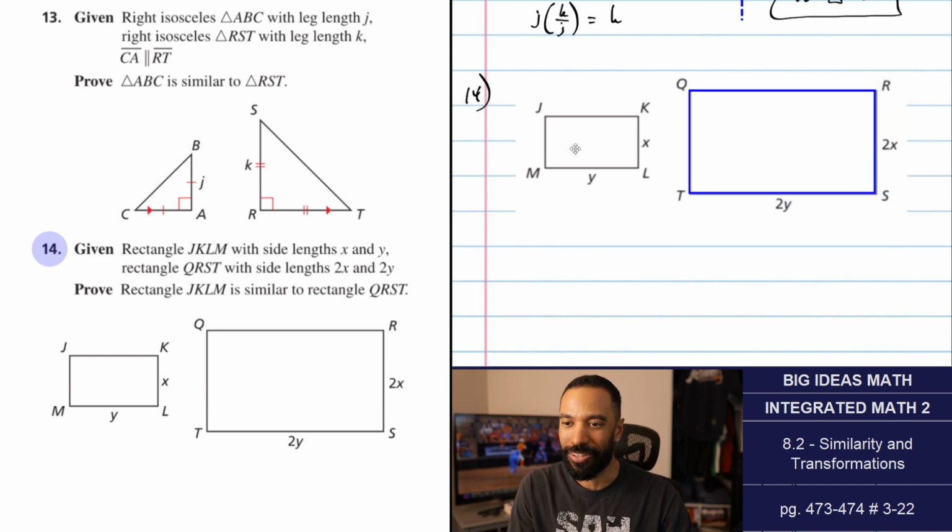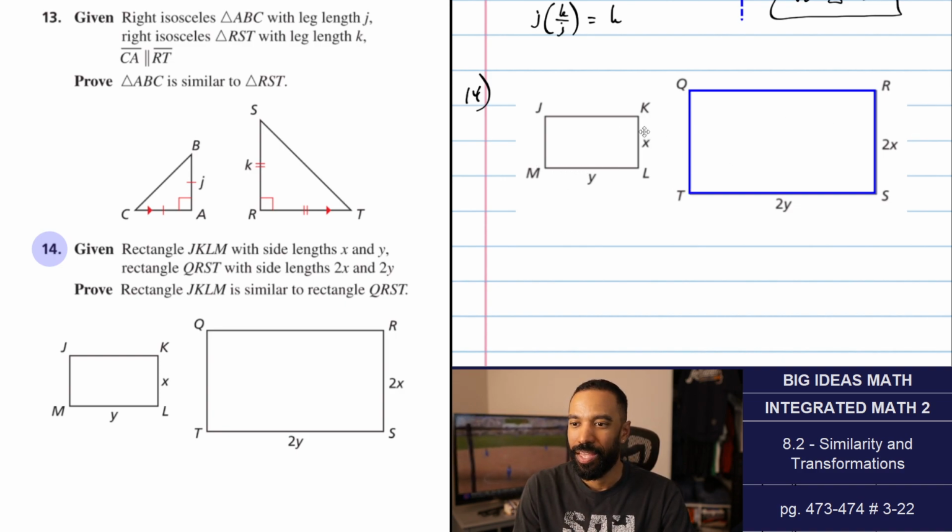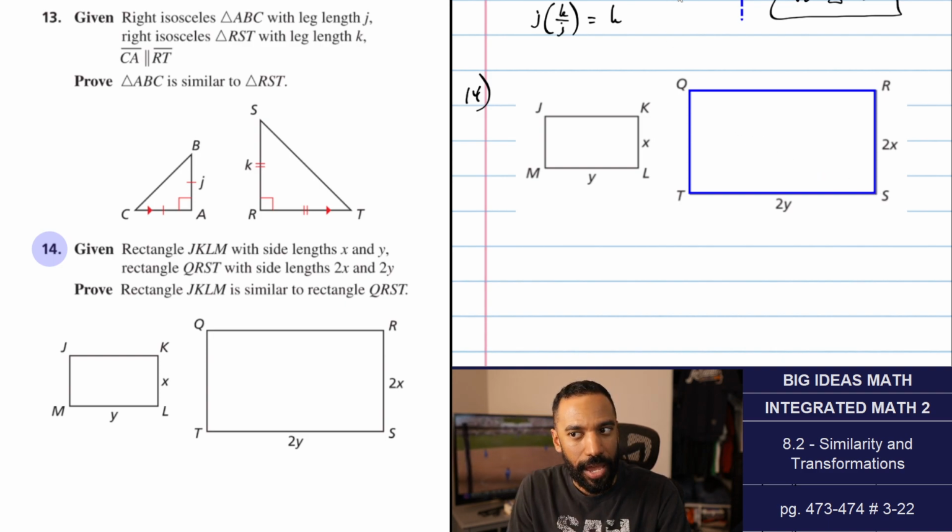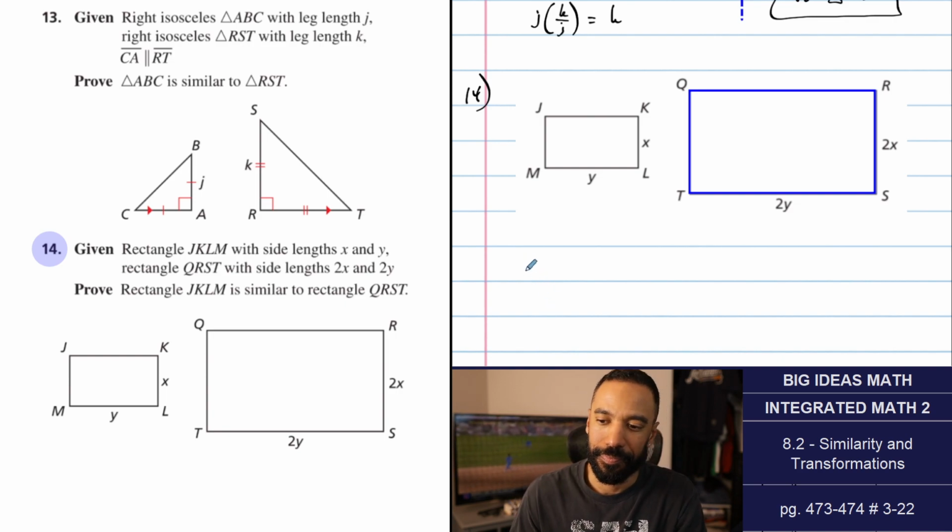And in doubling the lengths, M grows to T, K grows to R, and J grows twice as far out and twice as far up to Q. And we're growing from center S. And that makes them similar.